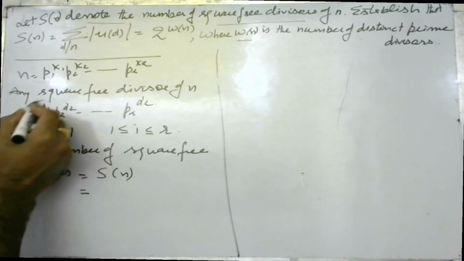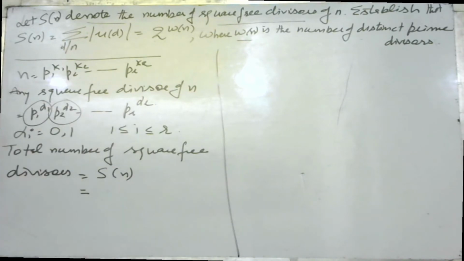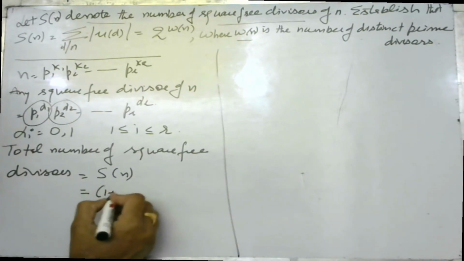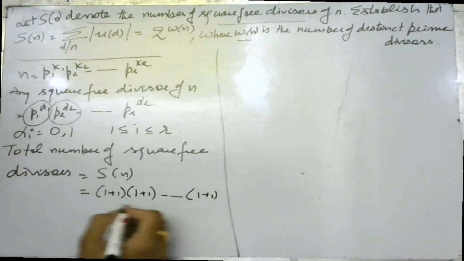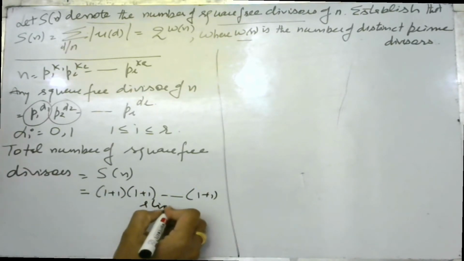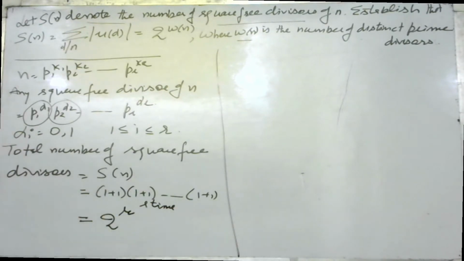How many possibilities here? 1 plus 1, 1 plus 1. So we can put all these values here: 1 plus 1, 1 plus 1, and so on. How many times? r times. So which is 2^r.